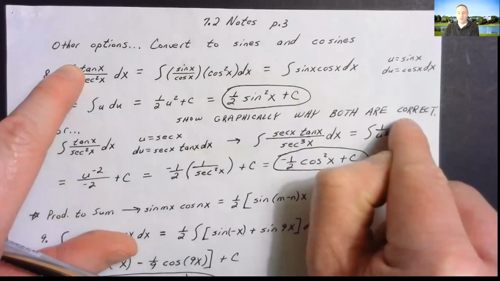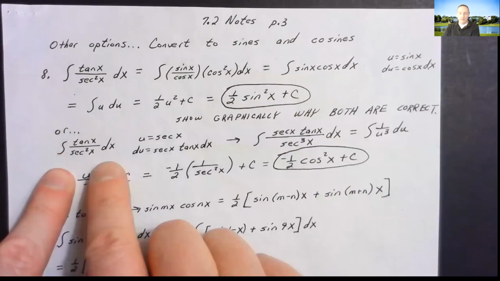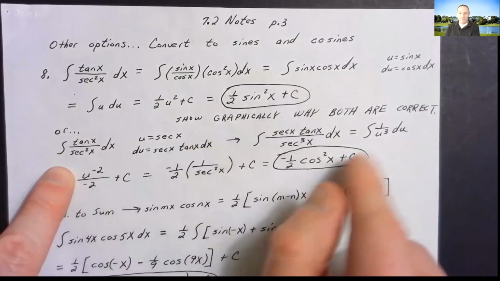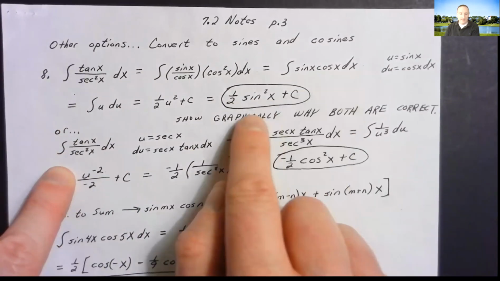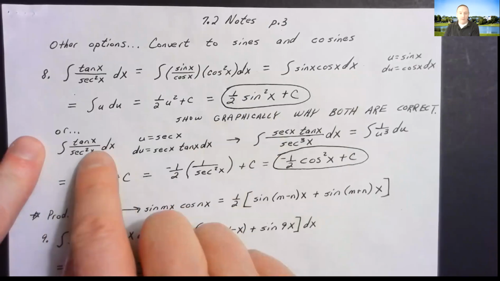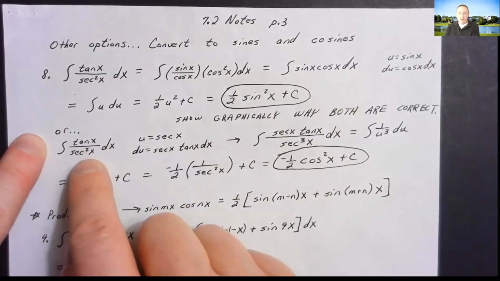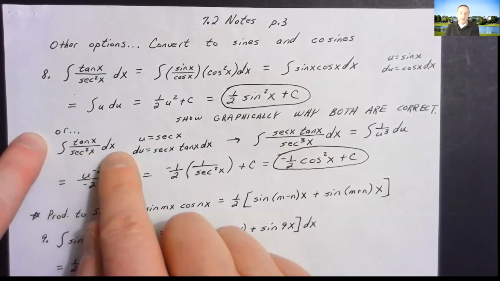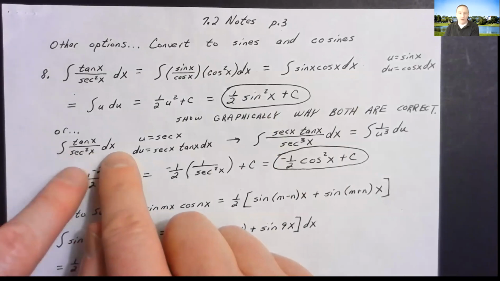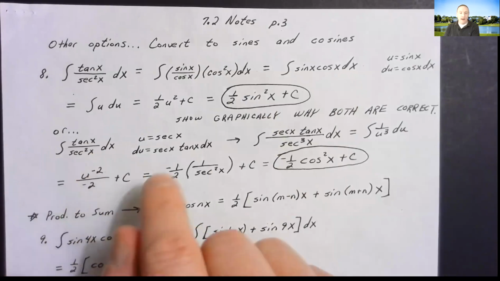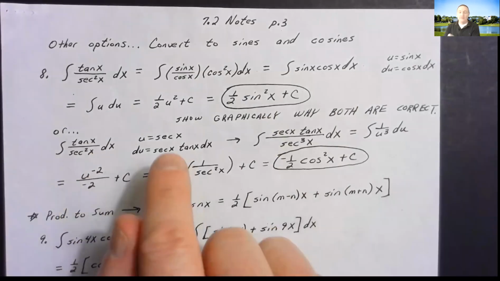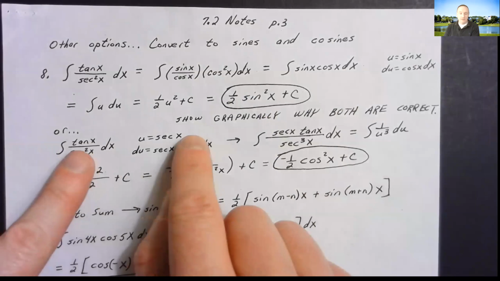Now, I wanted to show you another technique here, and I'll pass on showing you graphically. I'll talk about that in a second. The other option here is the integral of tangent x over secant squared x dx. Similar to what I did before, but this time, let's not convert it to sines and cosines.